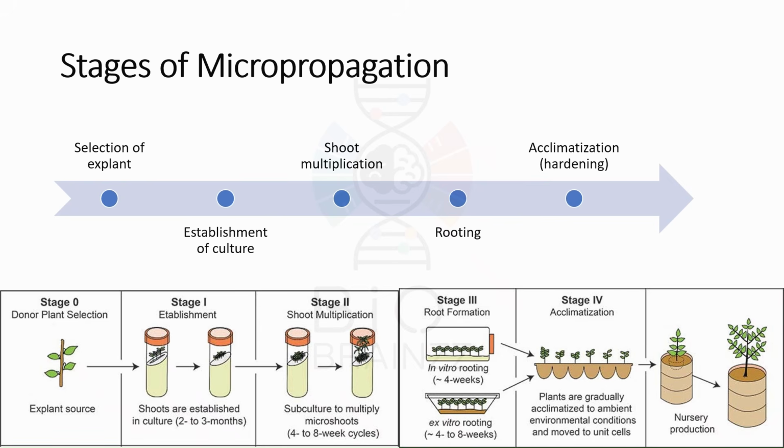Fourth is rooting of the shoots, generally promoted by auxins. Finally comes acclimatization or hardening, where the plantlets are gradually transferred from laboratory conditions to soil and natural environment. CUET-PG commonly asks sequencing questions based on these stages, so memorize this order carefully.